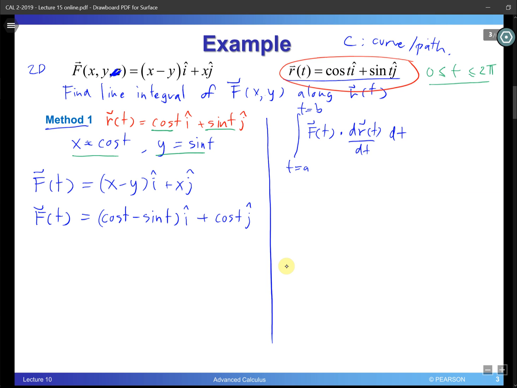Without this, we cannot go on with the integration. Okay, so a and b, we know that a is 0 and b is equal to 2 pi. Sorry about this missing information. It's supposed to be given at the beginning. All right. Okay, so what we are missing here is this dr by dt. So let's find that.